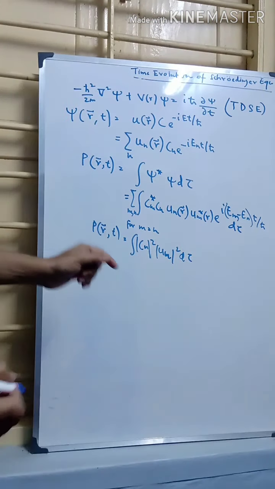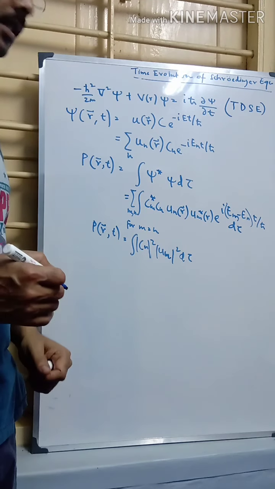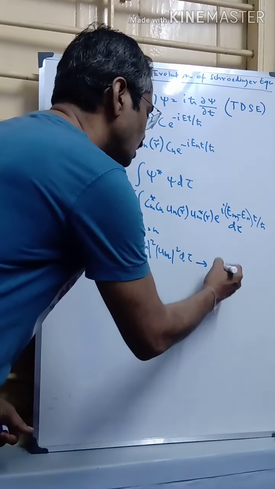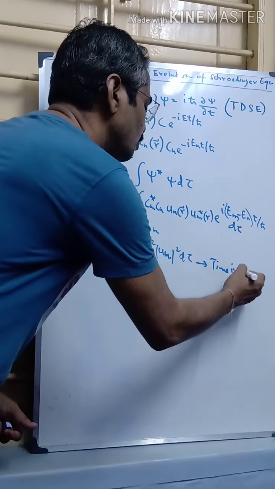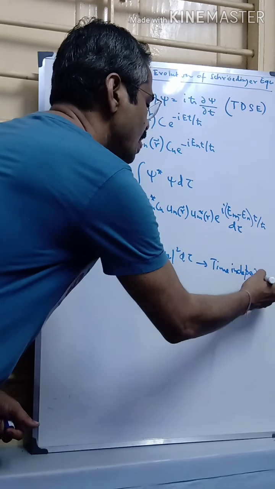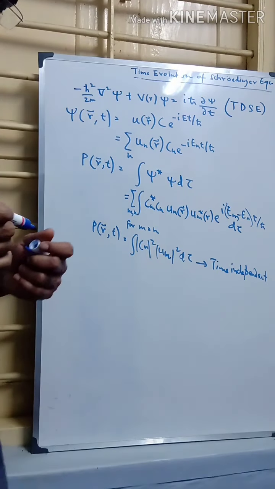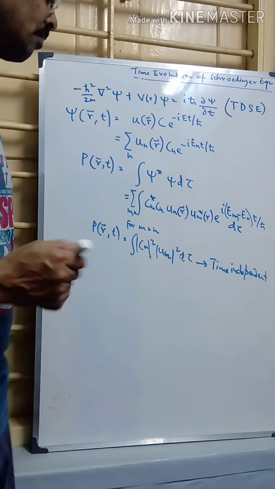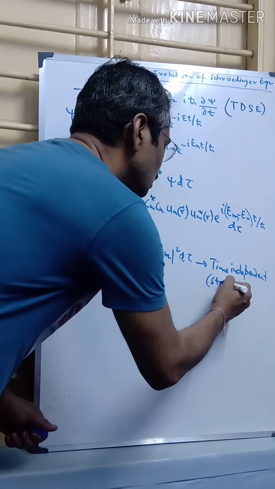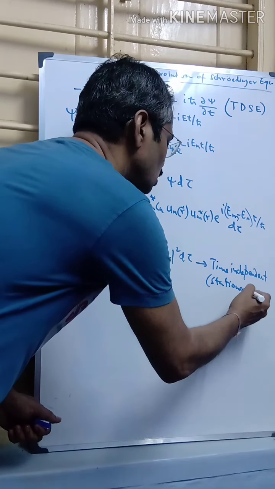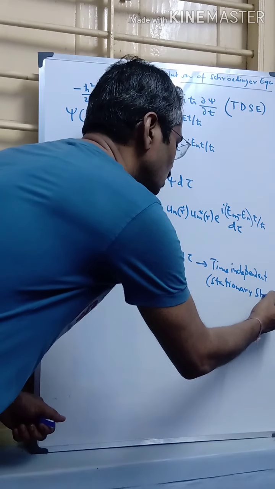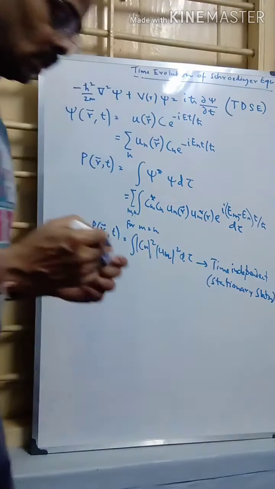So we can see that the probability density is time independent, and something which is time independent can be called stationary. So this is the concept of stationary state.